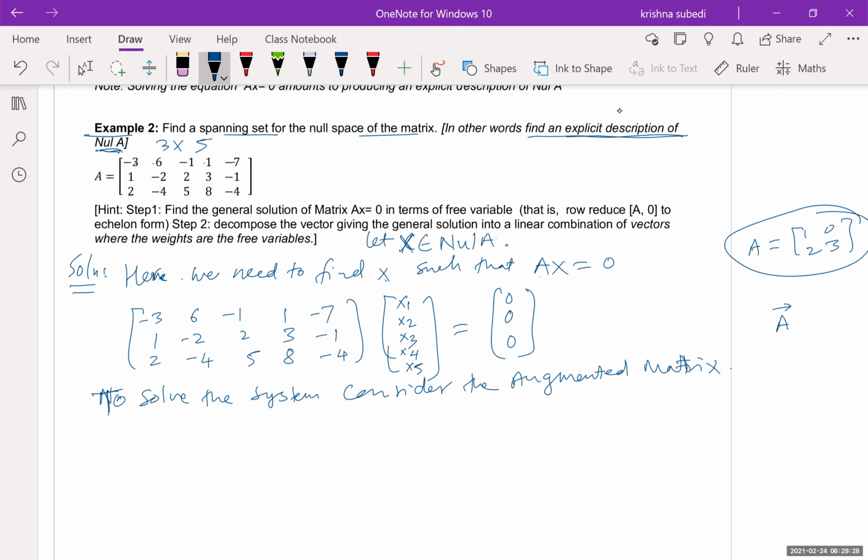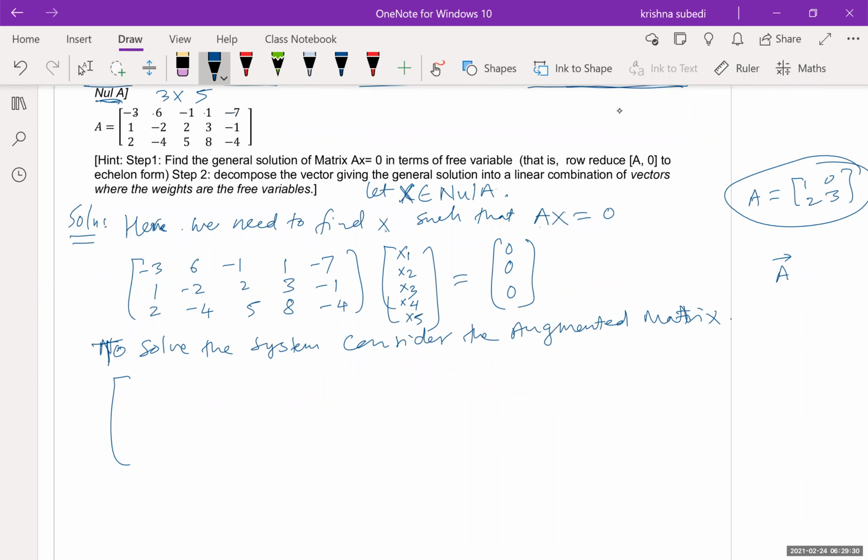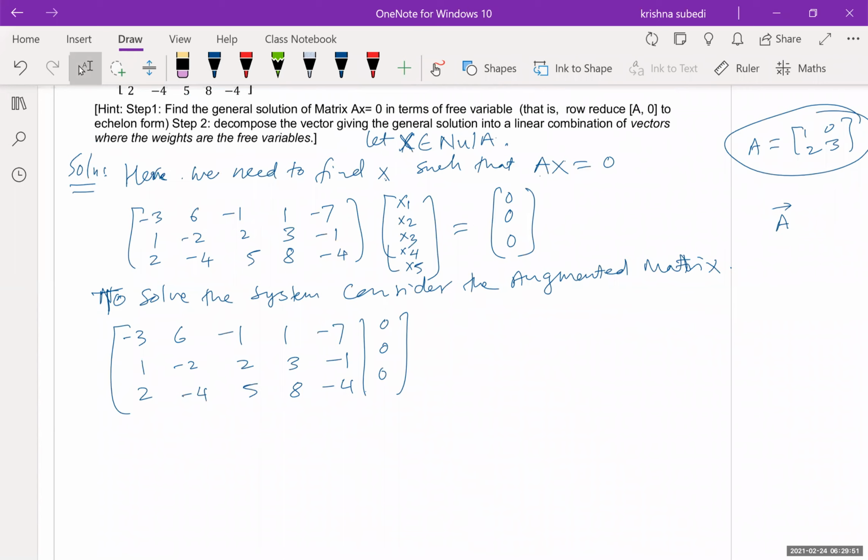The augmented matrix will be -3, 6, -1, 1, -7; 1, -2, 2, 3, -1; 2, -4, 5, 8, -4, and then 0, 0, 0. Now change it into echelon form, please.